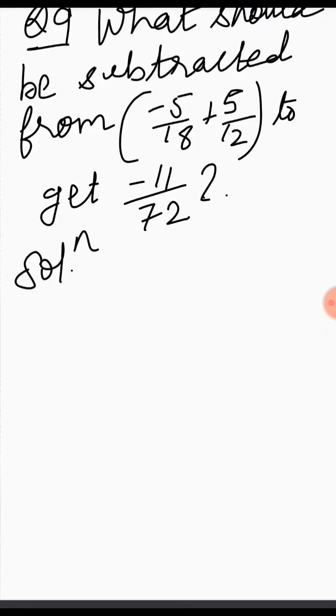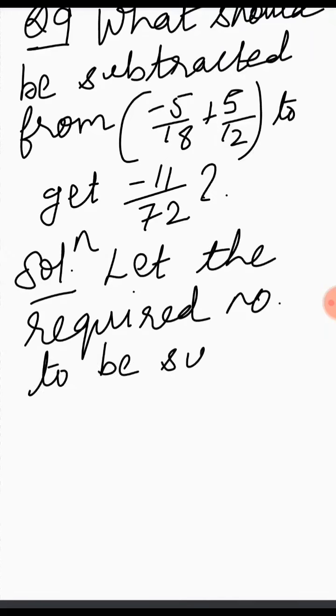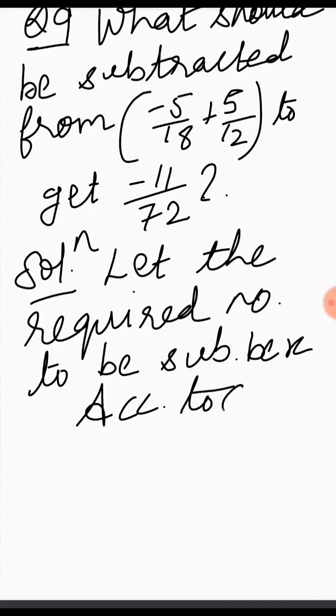Okay, so write down, let the required number to be subtracted be x. Okay, then again you can write according to question.